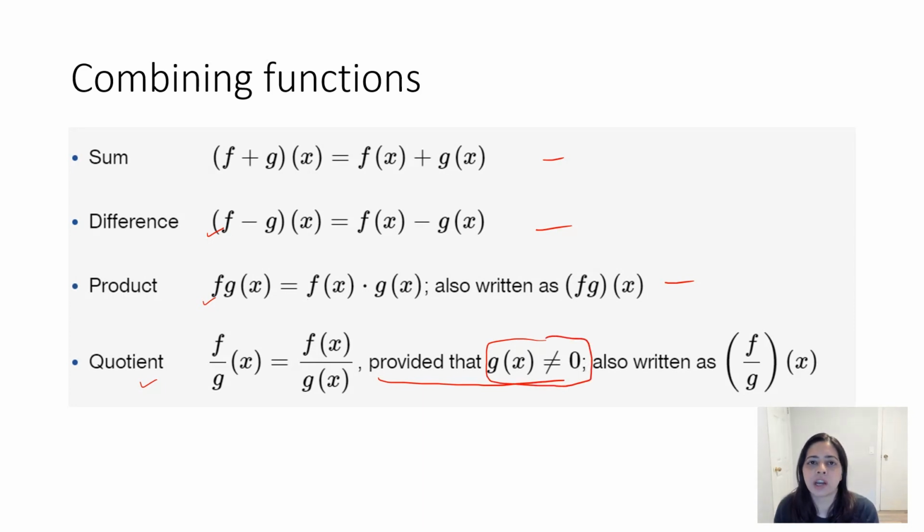This comes from the fundamental mathematical fact that you cannot divide by 0. So this function will be well-defined only at those points where the denominator function is non-zero. You always have to be a little extra careful with the quotient function, which brings additional restrictions, but we are fine with sum, difference, and product.